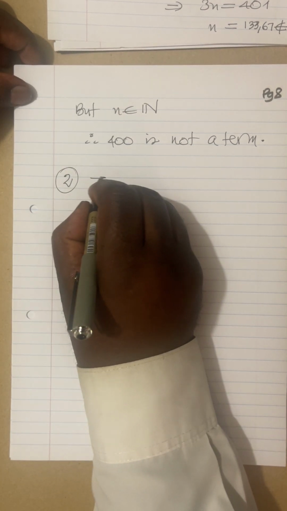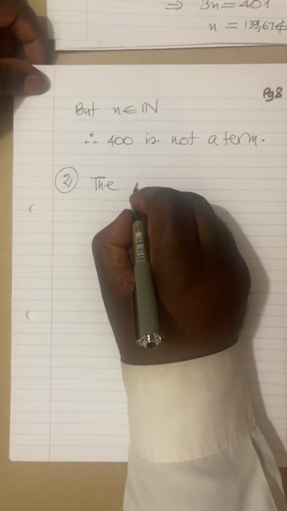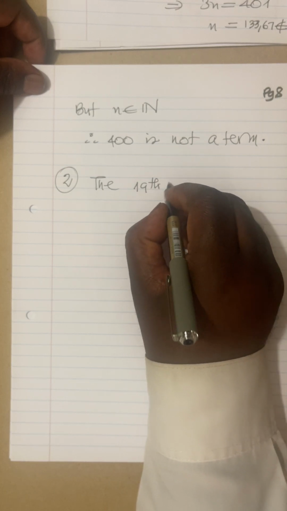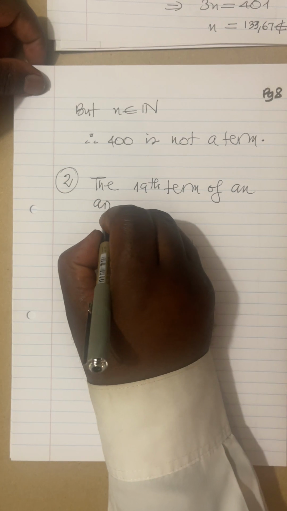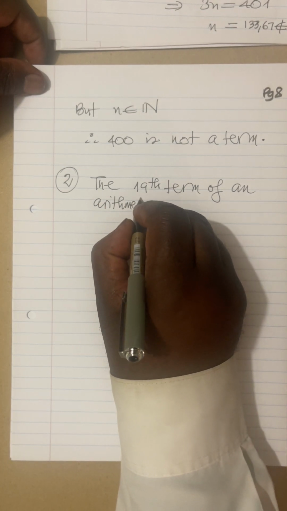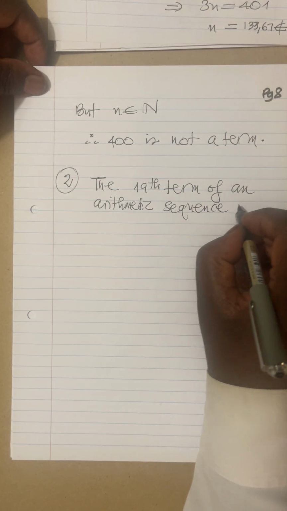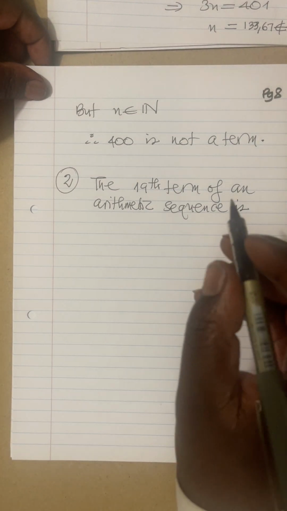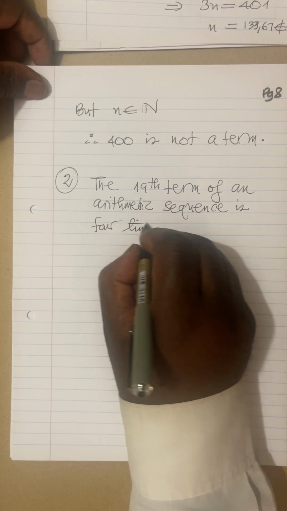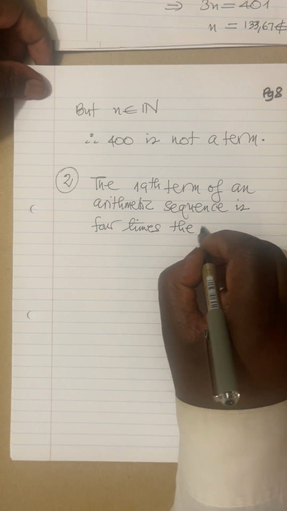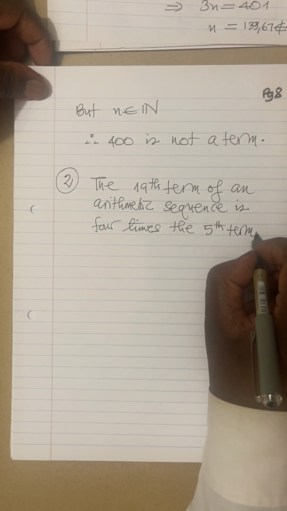Number 2, the 19th term of an arithmetic sequence is 4 times the 5th term. Full stop.